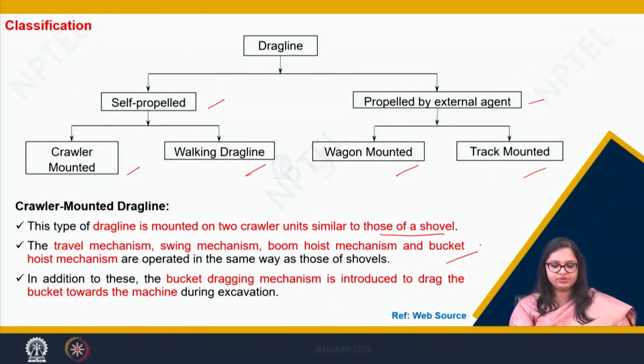In addition to these, there is a bucket dragging mechanism which is introduced to drag the bucket towards the machine during the excavation. That is how the bucket gets filled with the material, and then the whole superstructure of the drag line swings to dump the material at the dumping site, and it can reach the dumping site just because it has a long boom.